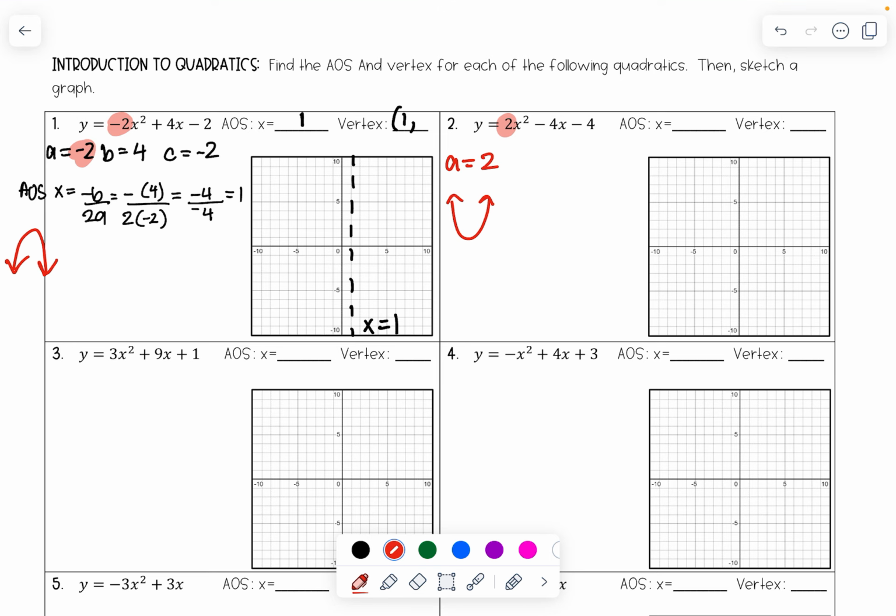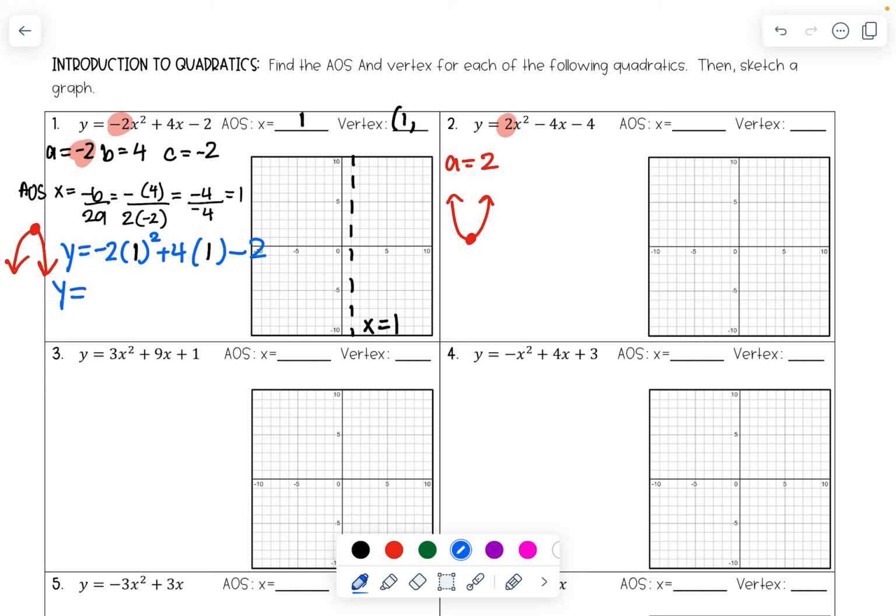Now I need to figure out the topmost part of my vertex or the bottommost part of my vertex. And since I have x, I will need to plug in and find y. I'm going to use the original equation, y equals negative 2 times x squared plus 4 times x minus 2. We found that x was just the number 1 last time.